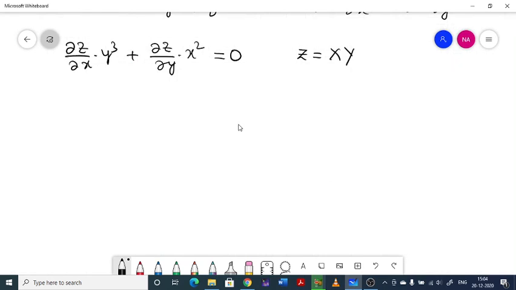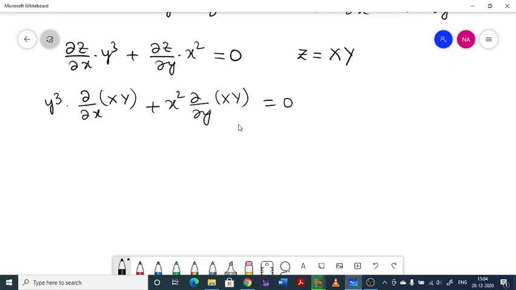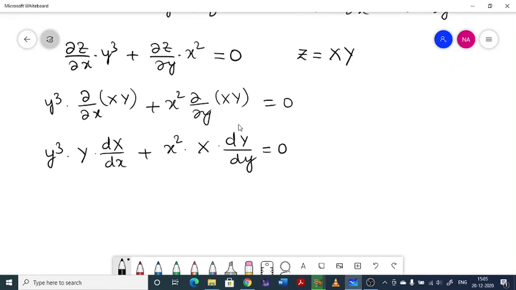Now substituting that here, we will get y cube into dou by dou x of capital X into Y plus x square into dou by dou y of capital XY equal to 0. So y cube into, differentiating this, capital Y into dX by d small x plus x square into capital X into d capital Y by d small y equal to 0.